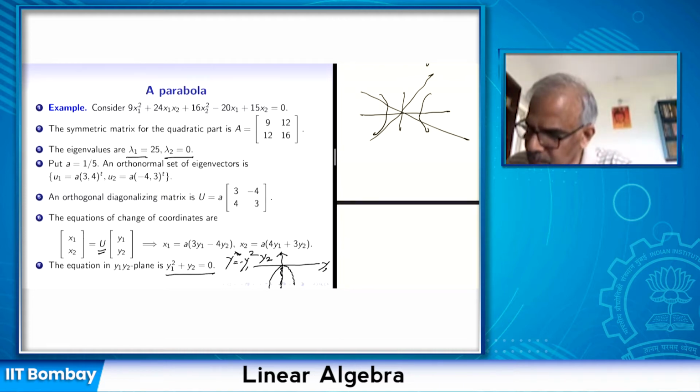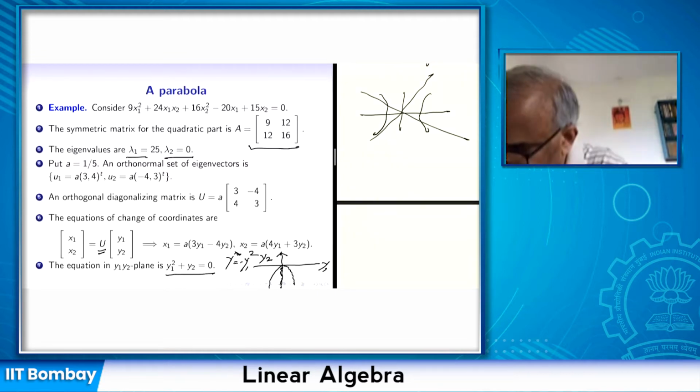So the determinant of the original matrix is the product of eigenvalues. So this matrix is not invertible. As you see, the determinant of this matrix is 16 times 9 minus 12 square, and that is 0. So it's a determinant 0 matrix, and that has reflected in one eigenvalue being 0.